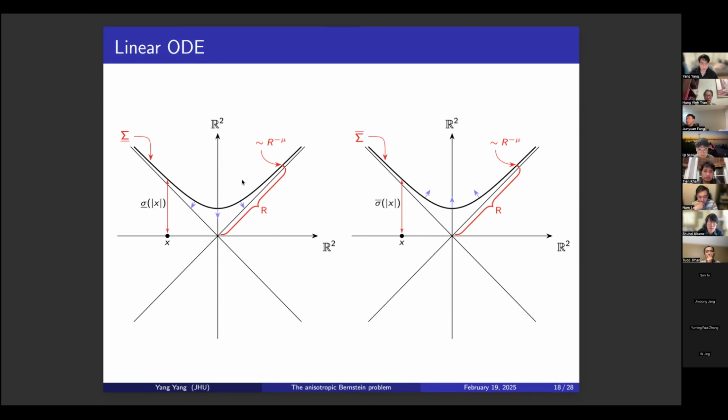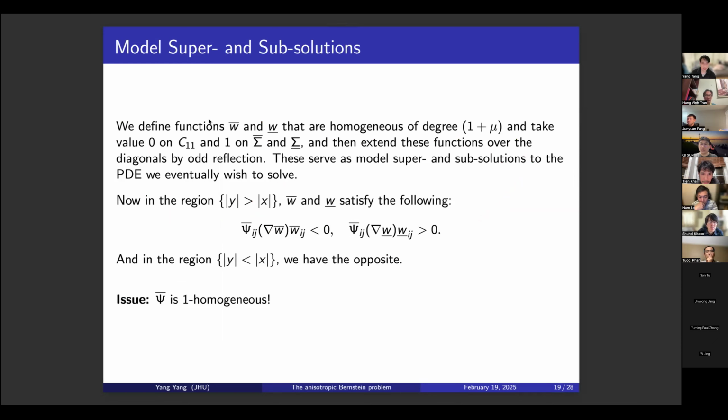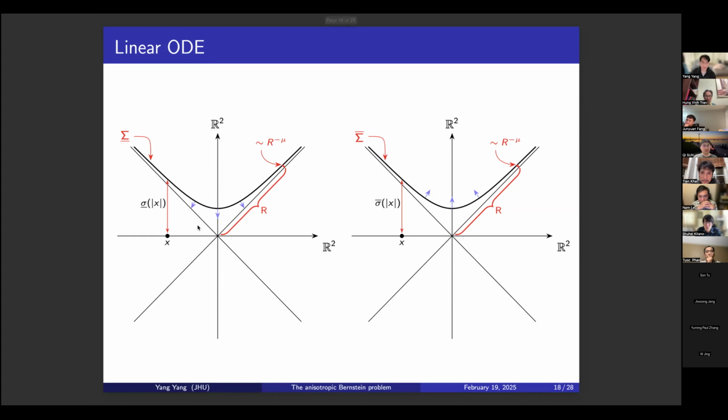Okay, so we build the super- and subsolutions based on these leaves of the foliation. We define the functions w super-bar and w sub-bar, which are 1 plus mu homogeneous, with level sets given by this Simons cone. They take the value 0 on the Simons cone and value 1 on sigma sub-bar, and for w super-bar, it takes the value 1 on sigma super-bar.